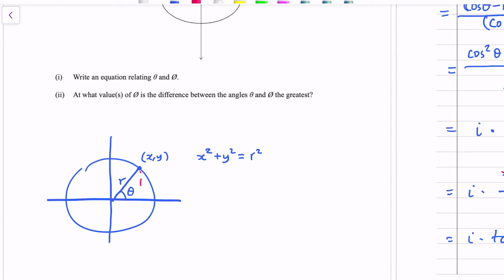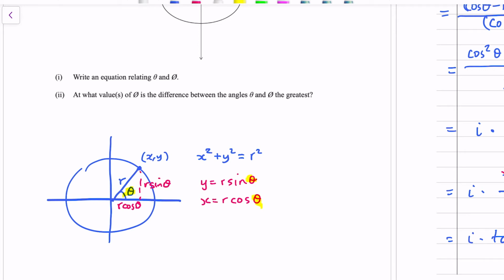Then a bit of trigonometry tells us that this length is r sine theta and this length is r cos theta. So in other words, y is equal to r sine theta and x is equal to r cos theta. And in that case, the parameter theta is the anti-clockwise angle. So it works for circles, but it doesn't work for ellipses.